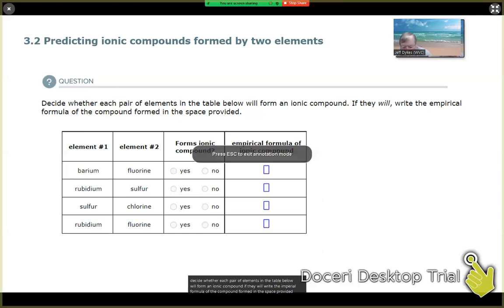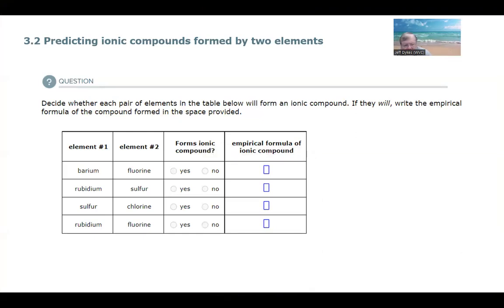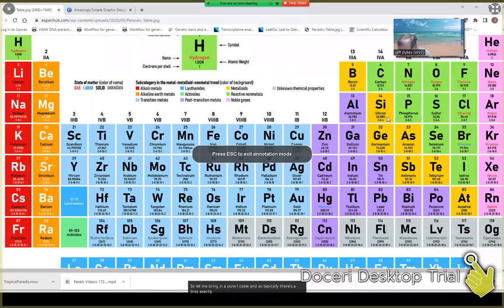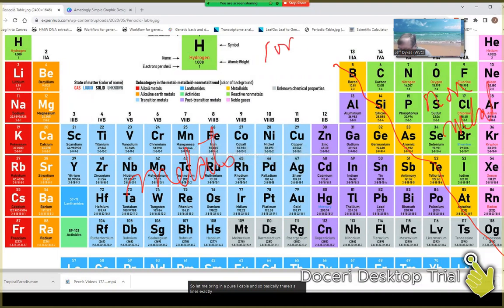So let me bring in a periodic table. And so basically there's a zigzaggy line here, kind of goes through this area. Everything on the left of that line are metals and non-metals are over here. So ionic compounds are really a metal plus a non-metal bonded together by an ionic bond.